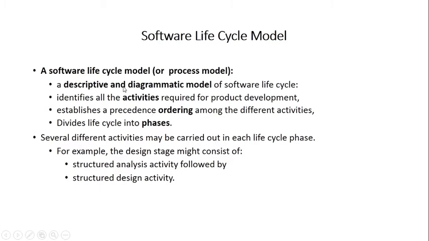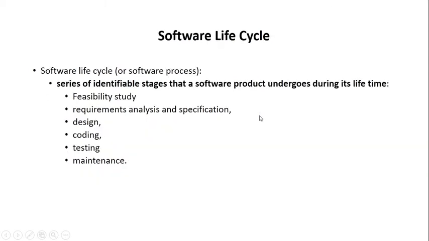We identify all the activities like stages or the phases. Establish a precedence ordering among these activities. Precedence ordering means it is in an ordered way. We have arranged it in a particular order. This is the sequence of steps that need to be followed, like in your semesters.